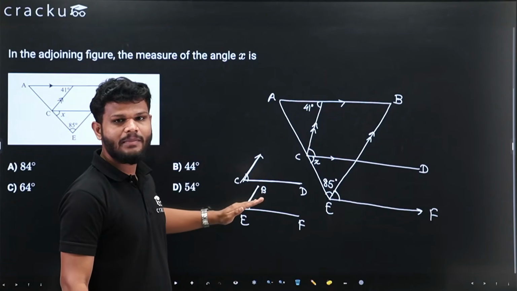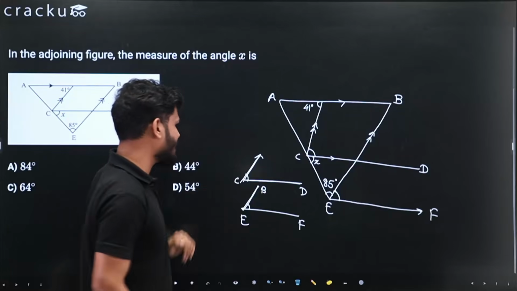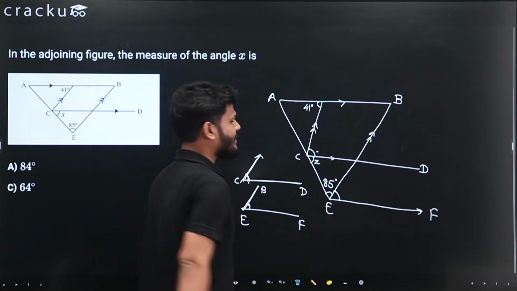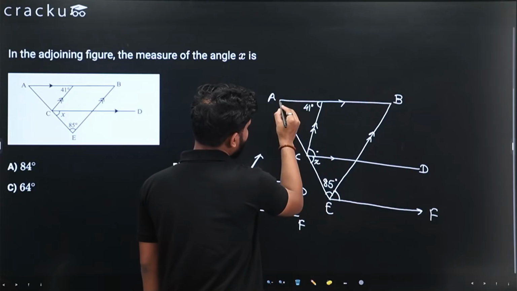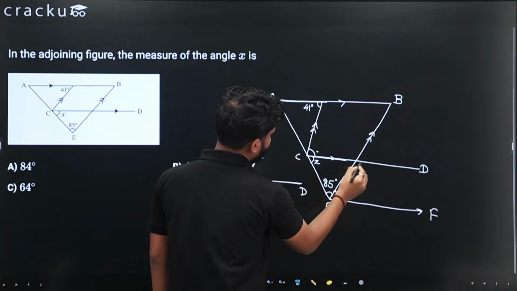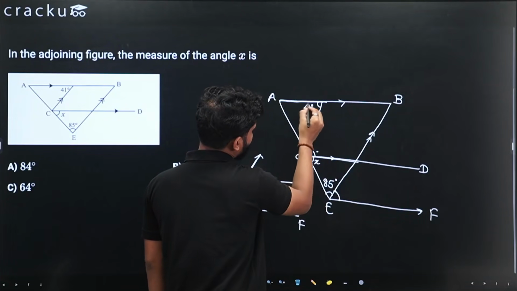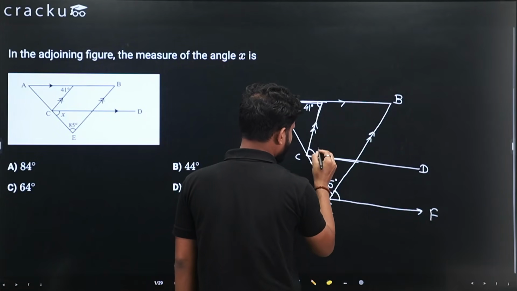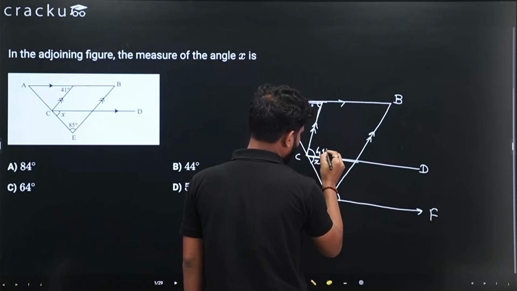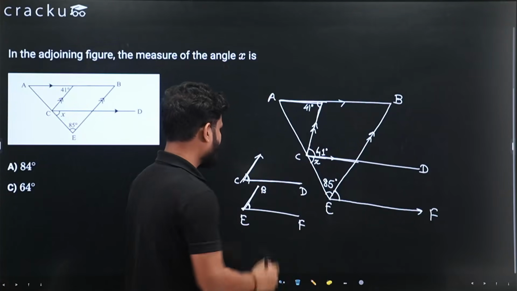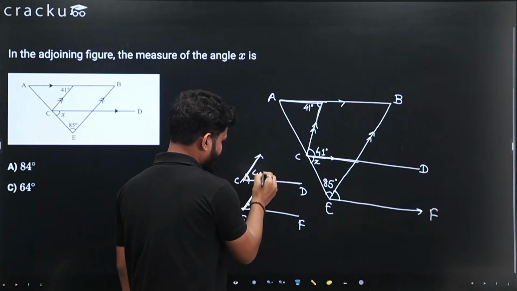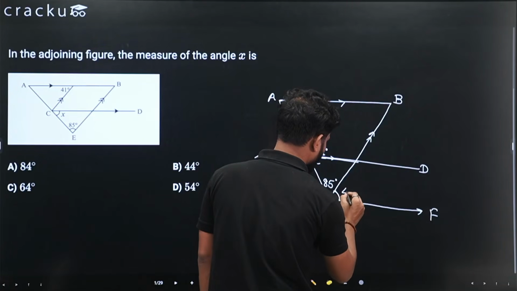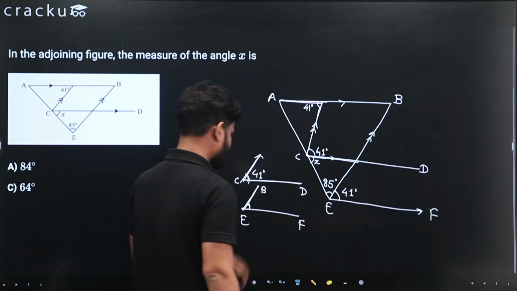So when two lines are parallel, then the angles between them will be equal. So this angle will be equal to this angle. What will be this angle? Now if you see this line and this line, this is a transversal. So it will form alternate angles. So this is 41 degrees. If this is 41 degrees, BEF will also be 41 degrees.